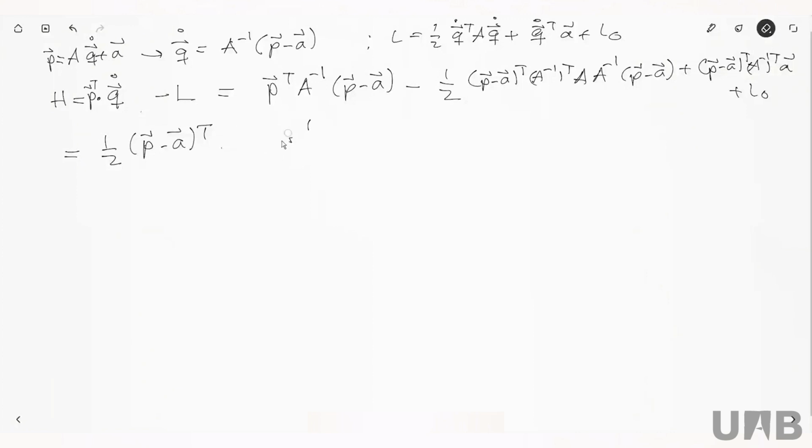You work it out. So that's what is left. Okay. So the Hamiltonian for a Lagrangian of this form looks like this.